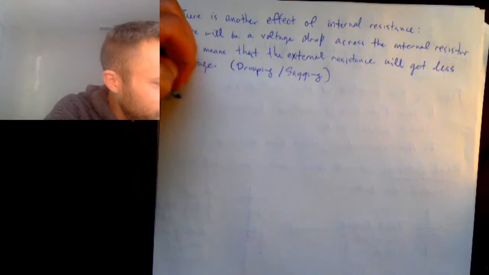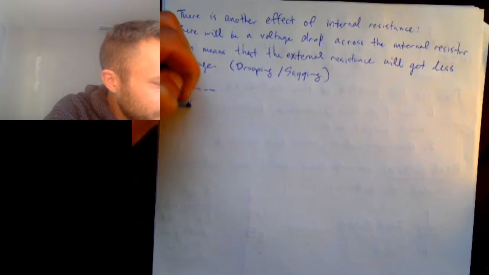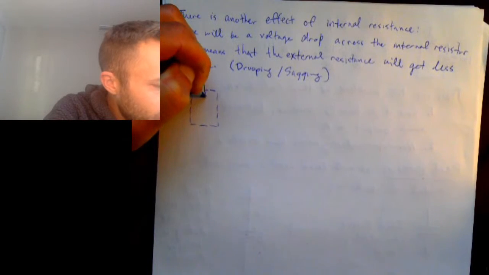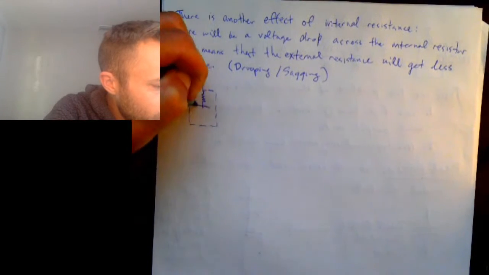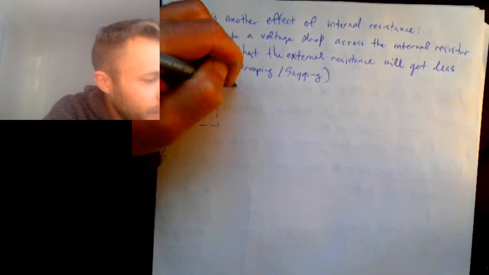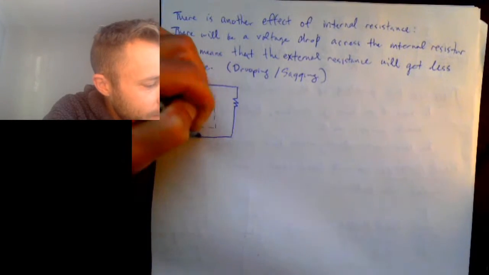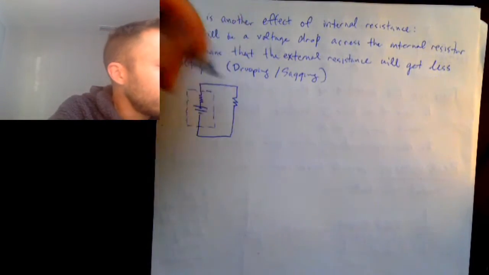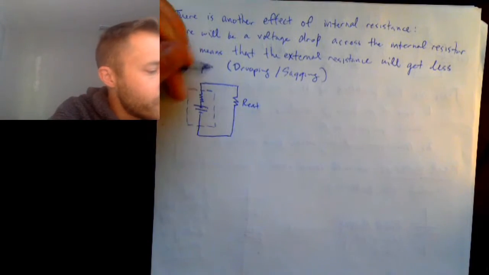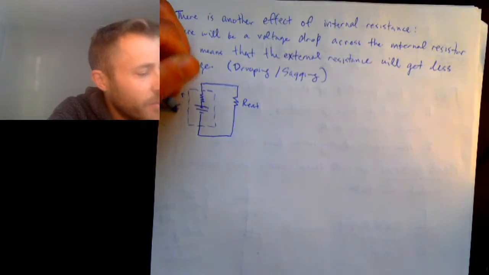So let's see how that works. If I have a real battery, so here's a real battery. We have an external resistor. We have the internal resistance and we have the EMF.